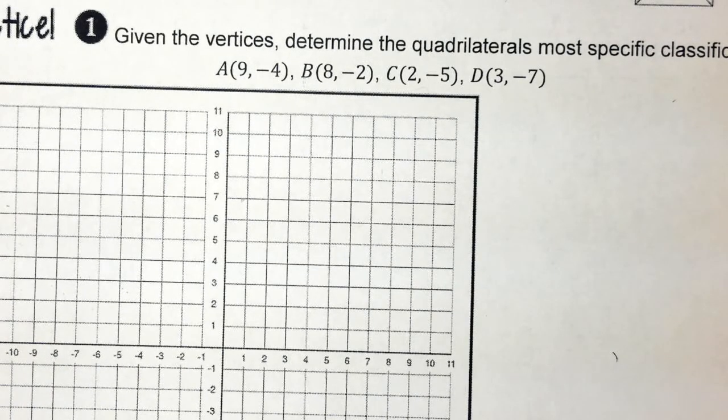So number one says, given the vertices, determine the quadrilateral's most specific classification. So graph first.